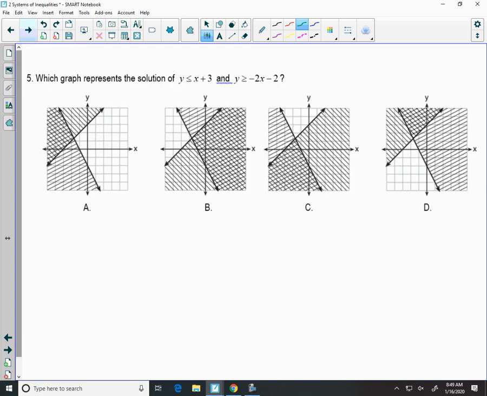This last one, it says, which graph represents the solution of these two inequalities? This is a released OST problem, I believe. This was on the OST. The nice thing about this problem is you'll notice the lines are all the same. So this problem is not testing you about whether you know how to graph a line. This problem is testing you about the shading.